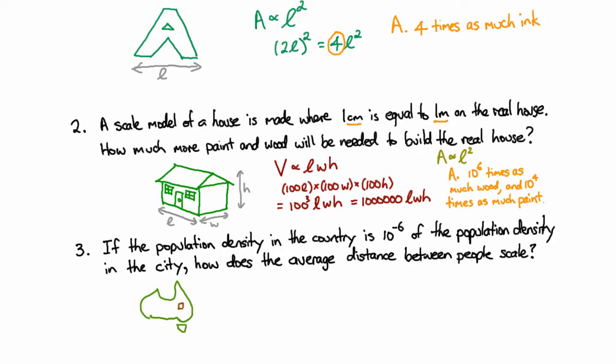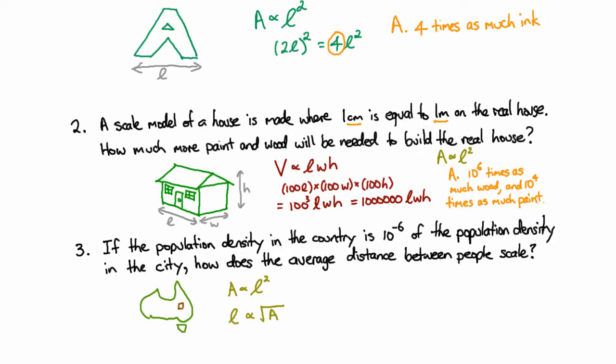Alright, so if we have a certain number of people per unit area, how does the average distance between people scale? Well, we already know that the area scales as L squared. What that means, of course, is that the length scales as the square root of the area. So if you take the square root of both sides, there'll be some prefactors in here that you have to take the square root of as well, but the length will be proportional to the square root of the area times the square root of those prefactors.